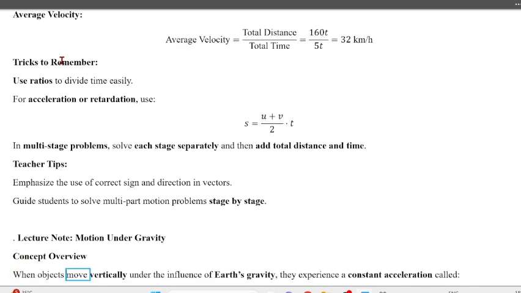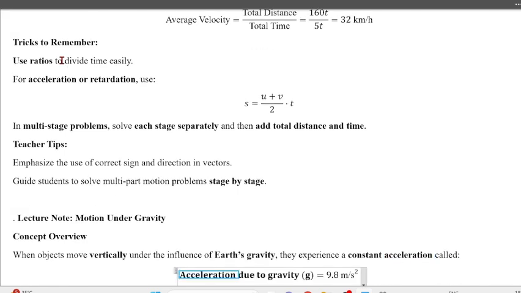When objects move vertically under the influence of Earth's gravity, they experience a constant acceleration called acceleration due to gravity, g, equal to 9.8 m/s².